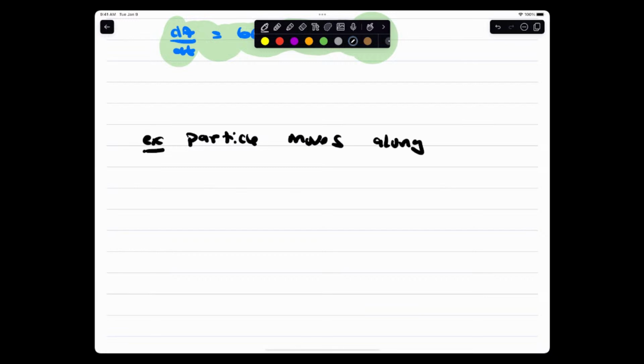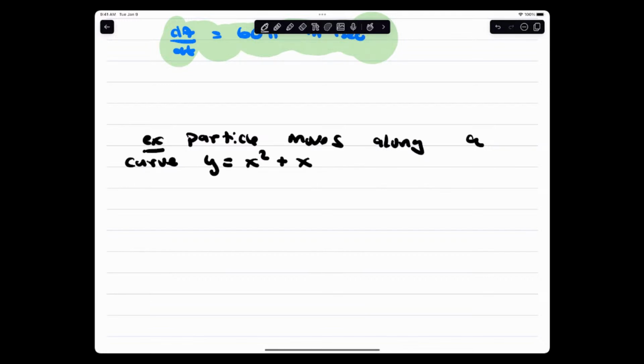moves along a curve, okay, where y equals, and let me kind of draw that a little better if I can. y equals x squared plus x. Did we do this one? I don't think so.